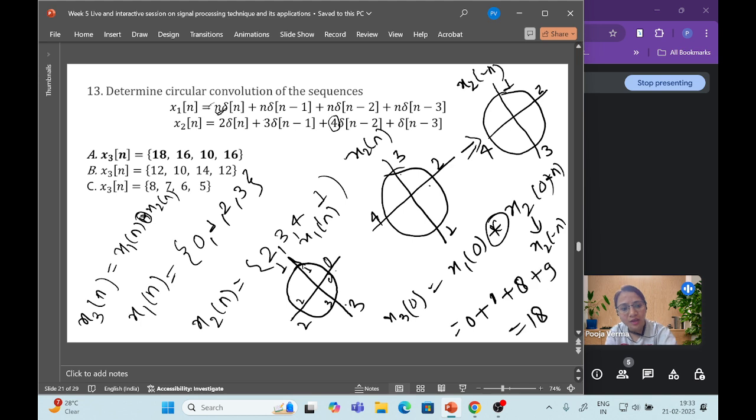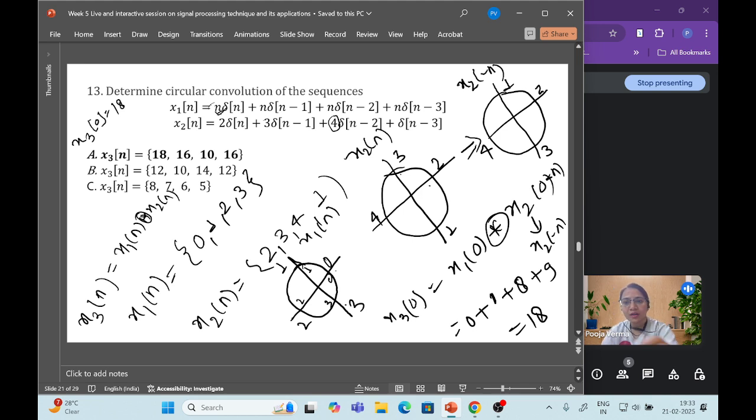So that comes to 18. So x3 of 0 is equal to 18.